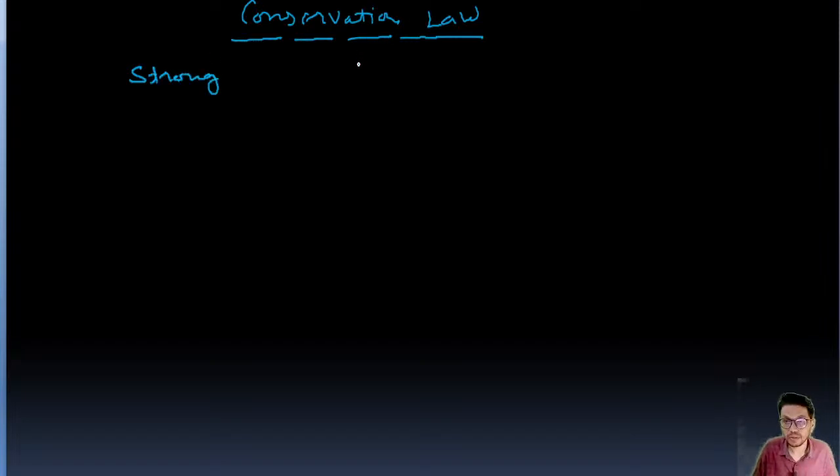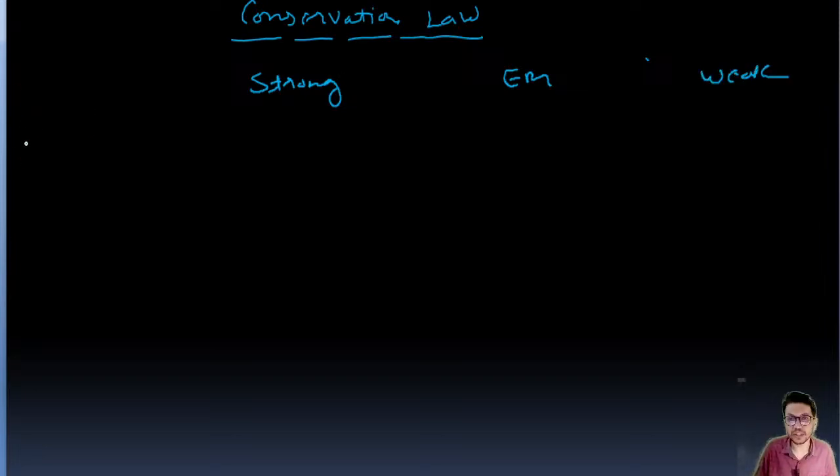Strong, electromagnetic (EM) interaction and weak interaction.